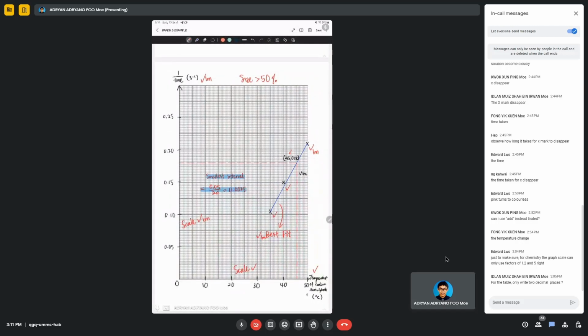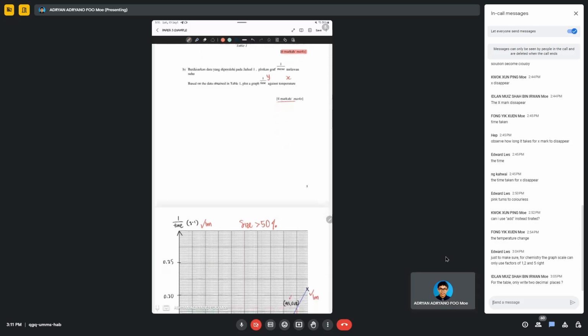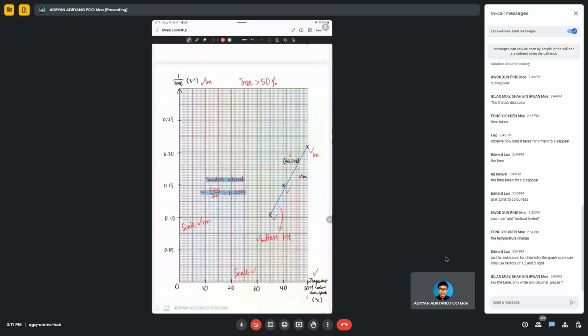Yang ni dia punya satu soalan dia Adrian. Kenapa 1/time versus temperature? Sebab soalan dia macam ni, tapi skema dia bagi temperature against 1/time. So saya ikut soalan. Soalan dia ialah 1/time against temperature, sebab temperature tu ialah manipulated variable.